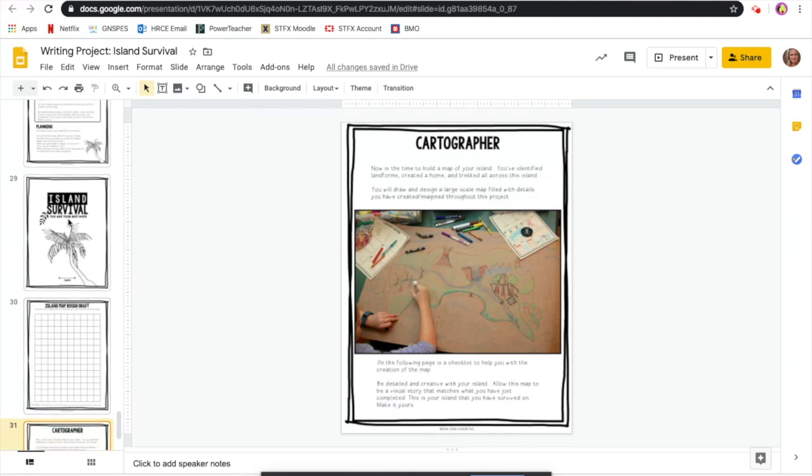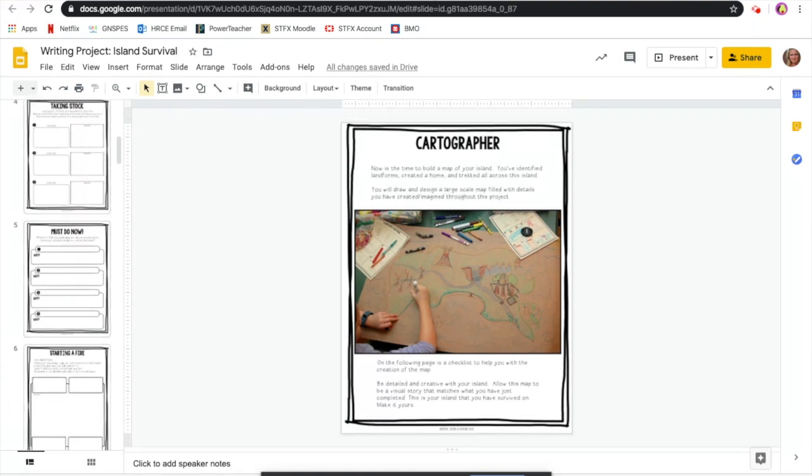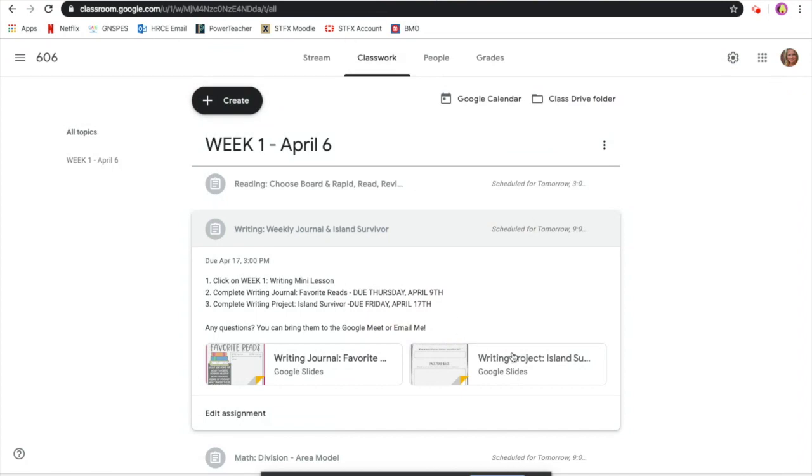And I will know when it's done when you turn it in through Google Classroom, okay? So please make sure you turn this in through Google Classroom so that I know that it's completed. Don't turn this one in, okay? Because this one, everybody has the exact same copy, where this one you have your own copy.